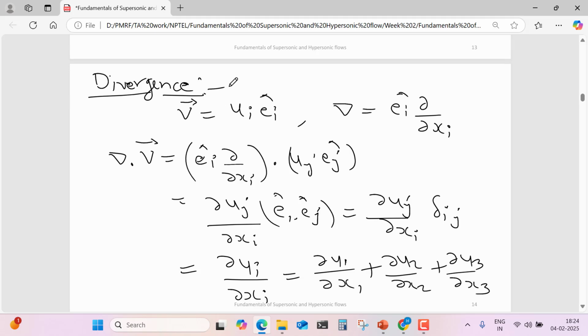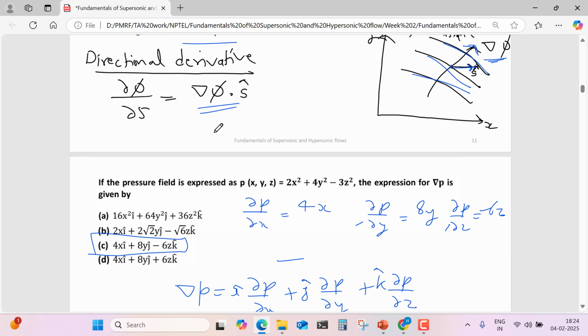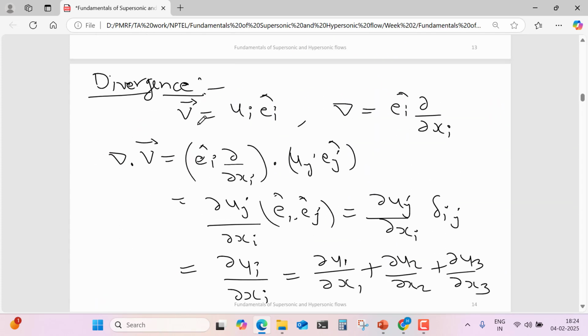Using this vector differential operator, we can find one more quantity which is divergence. Let's say one vector velocity is given by u_i e_i cap, then del dot v will be given by e_i cap ∂/∂x_i dot u_j e_j cap. We have to change the indices because this is some other vector, u_j.